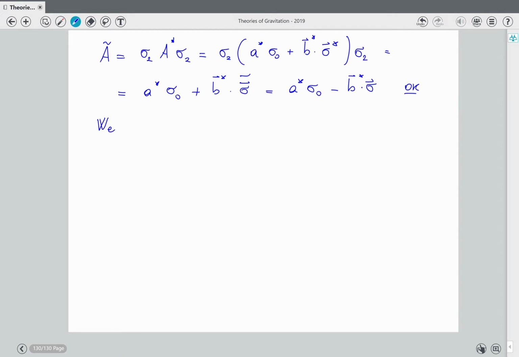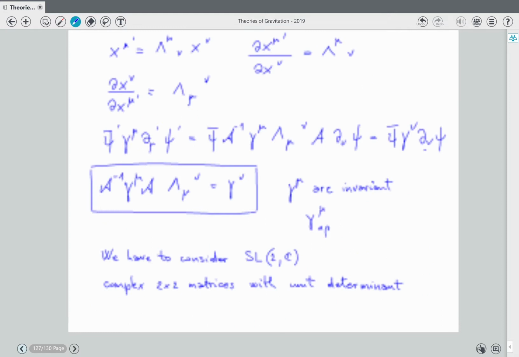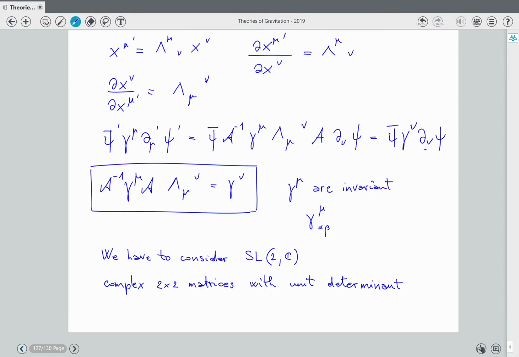We also have what we want, namely A minus 1 gamma mu A equals lambda mu nu gamma nu, which is what we had before.